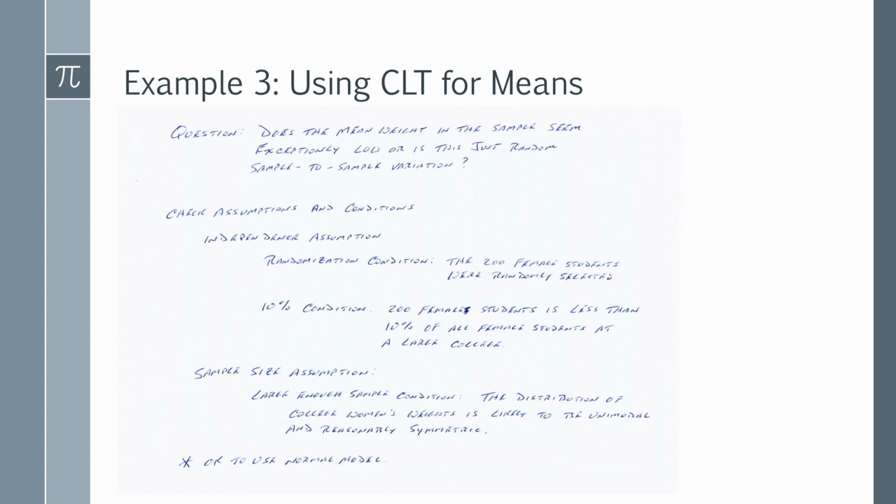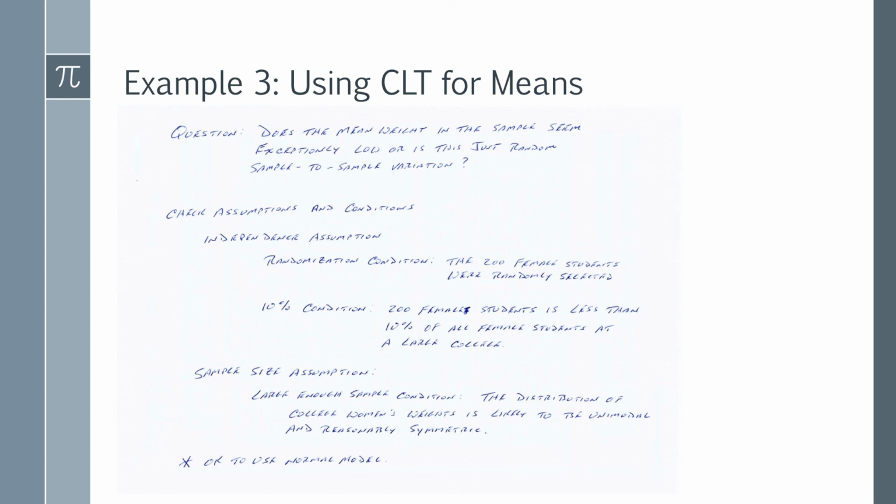Let's check our assumptions and conditions. First we have our independence assumption, and our first condition in that is our randomization condition. We were given in the problem that the 200 female students were randomly selected, so that condition has been met. The 10% condition: 200 female students is less than 10% of all female students at a large college. That condition has been met.